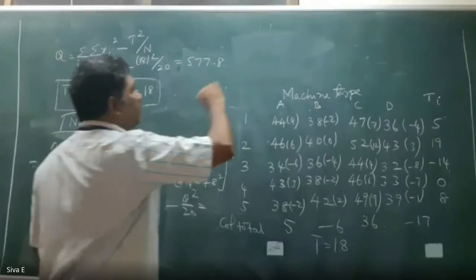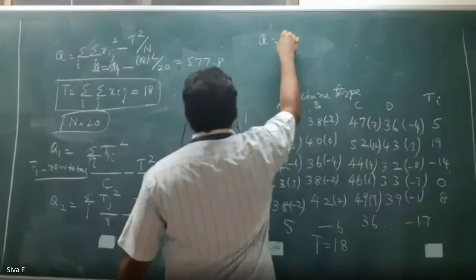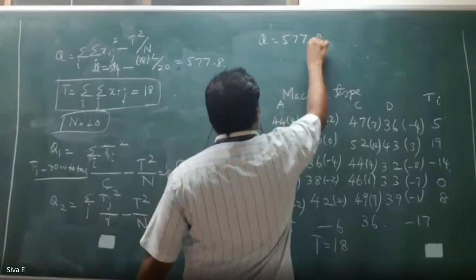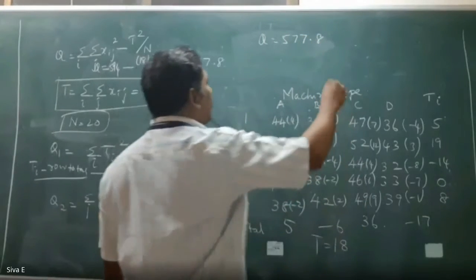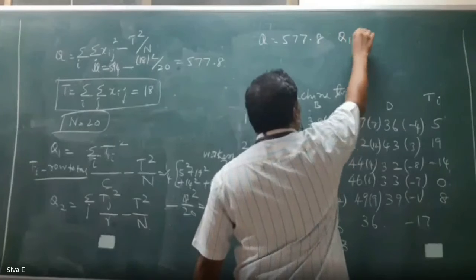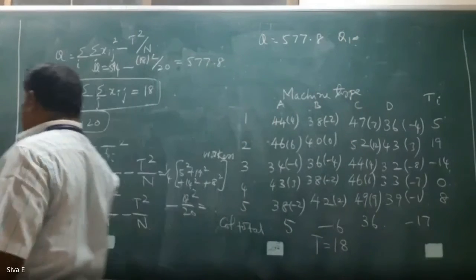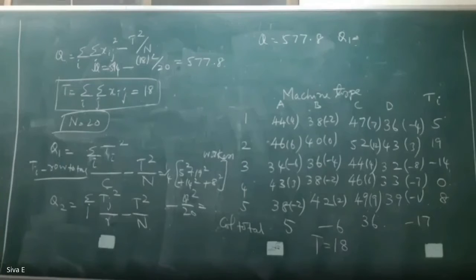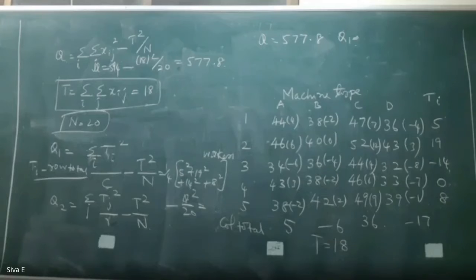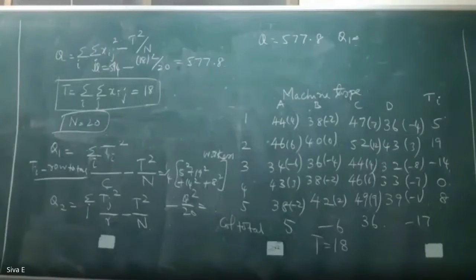Capital Q equals 577.8. Q1, what is the Q1 value? Sir, is it 145.3? Check Q once again.